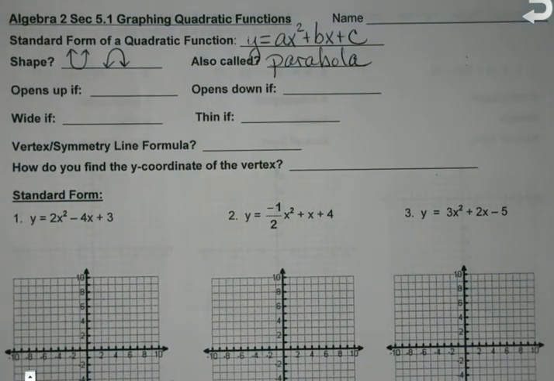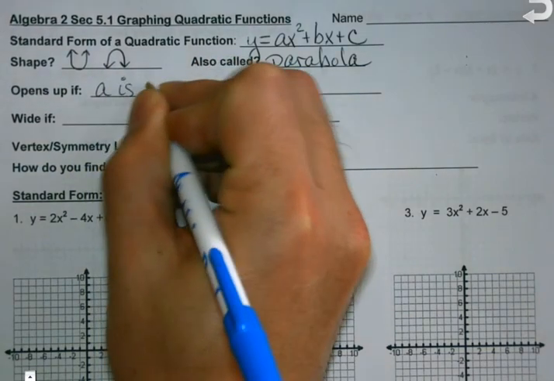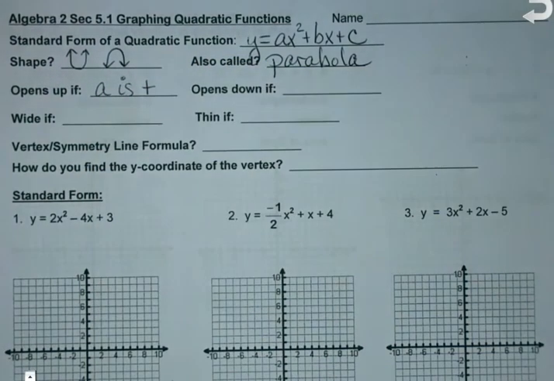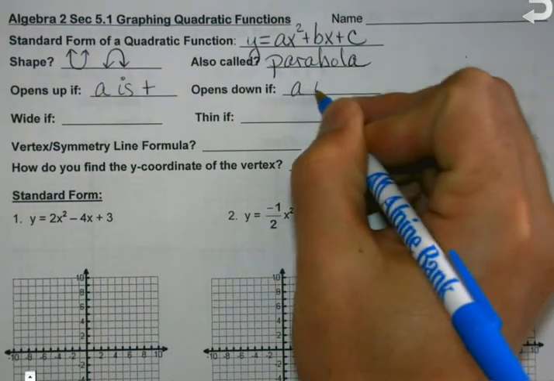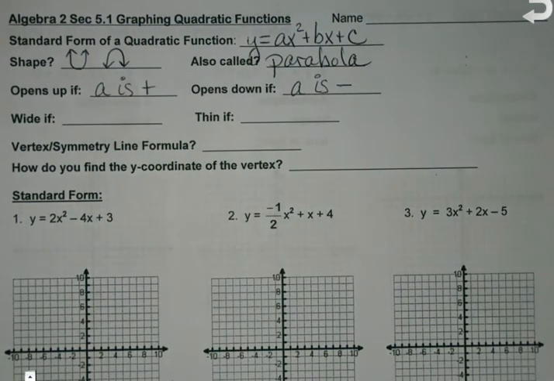So, a few things we can learn about this parabola just by looking at the equation. It's going to open up if the A value is positive. In other words, if the number in front of x squared is positive, it's going to open up like a U. If that A value is negative, it opens down, more like a hill or an N that somebody forgot to put their little line on.